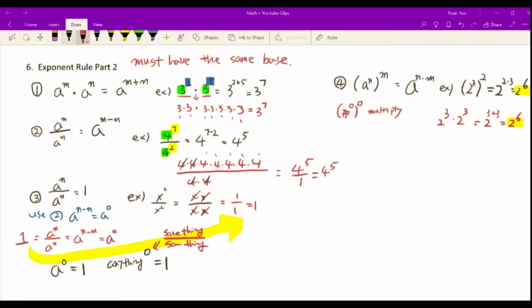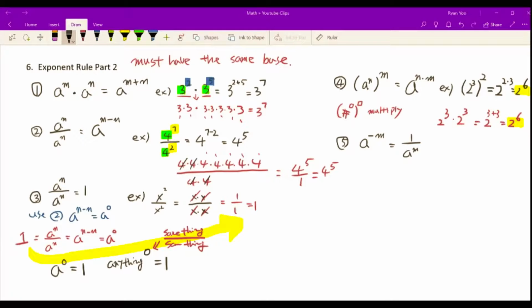All right. Moving on to the last one. The last one is maybe a little tricky. It's about negative exponents. If you have a to the negative m, this means 1 over a to the m.